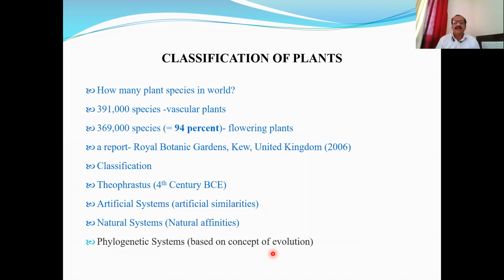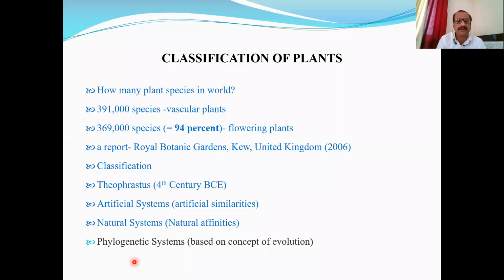After understanding this concept, the classification of plants shifted onto their evolutionary line, taking into consideration which plants are primitive and which groups are advanced, on the basis of primitive characters, advanced characters, and their evolutionary history.